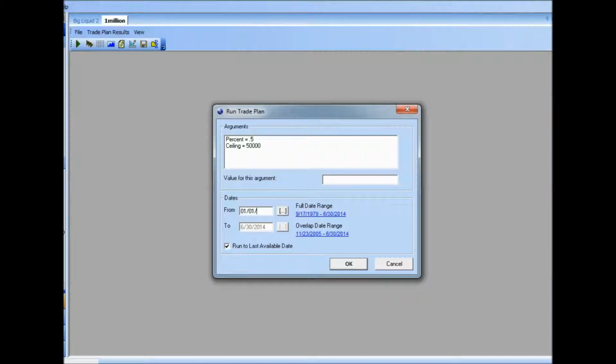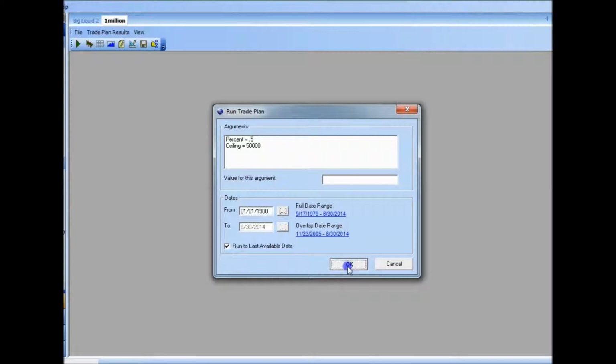So clearly this would not be an opportunity for the individual trader, because most people obviously don't have this kind of money. And if you have a small account, you're certainly not going to be trading 31 different markets. So we'll just set that back to about 1980.